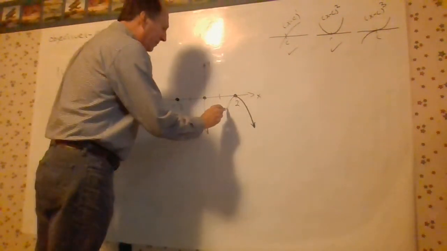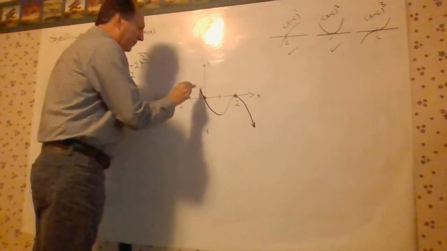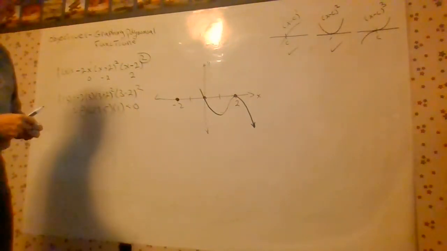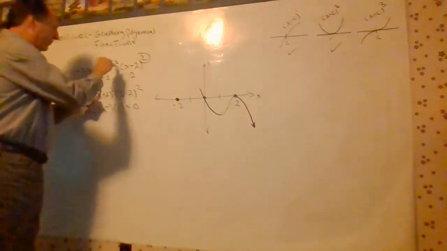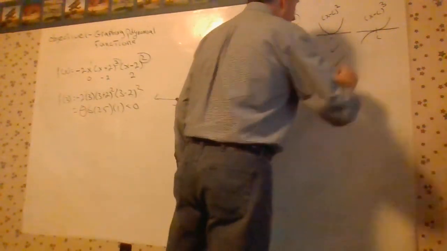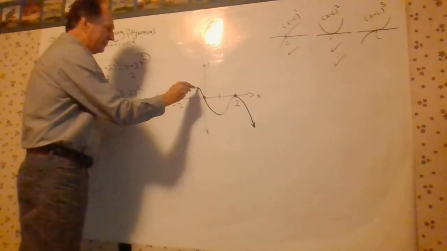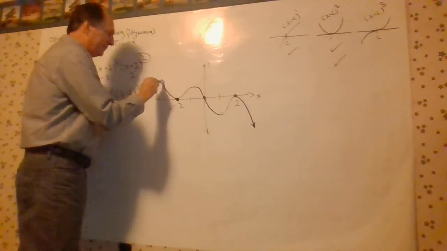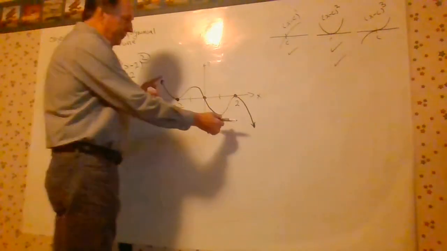So we have to turn around and go right through the axes. And then when we get to negative 2, that's a square, so we are right here. That's a square. So we have to turn around and it goes up.